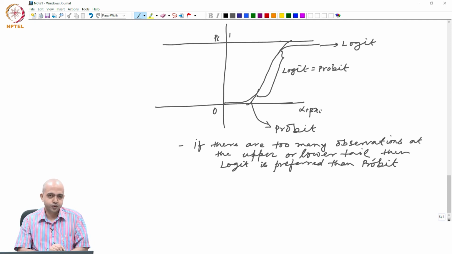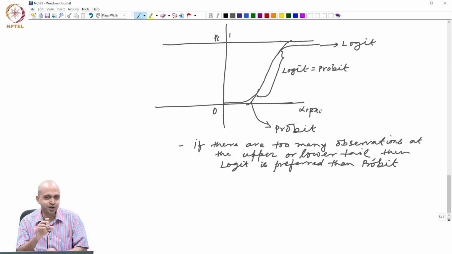Many a times we use logit and probit interchangeably, and we think that we may use either logit or probit, it does not matter. But the question is, what is your data set?